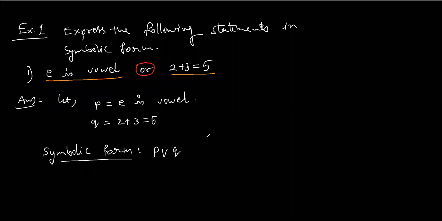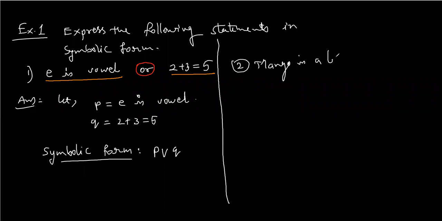Next, the second one is: mango is a fruit, but potato is a vegetable. The second question is: mango is a fruit, but potato is a vegetable.